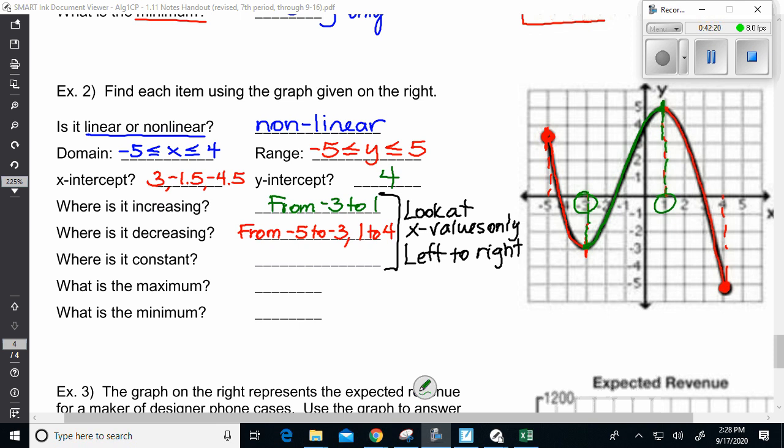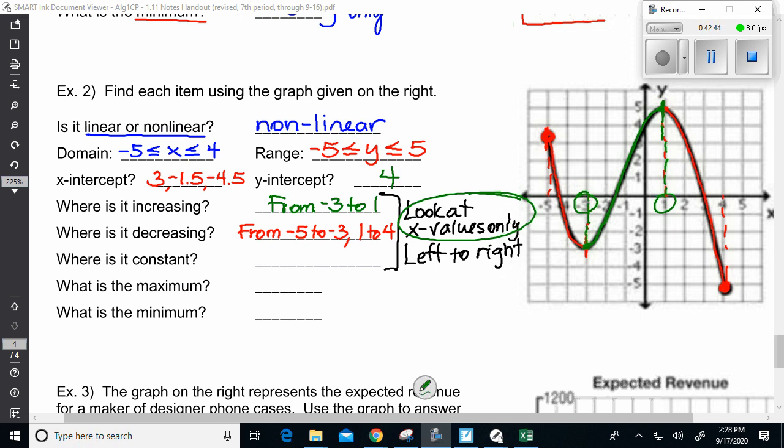So from positive 5 to 4. Because you only look at the x values. So it's a good question. It's a great question.